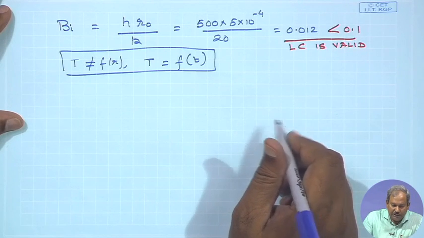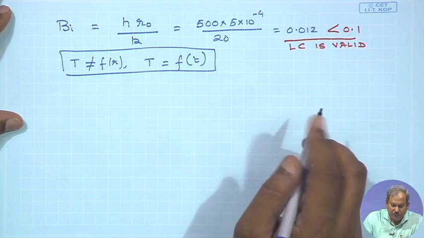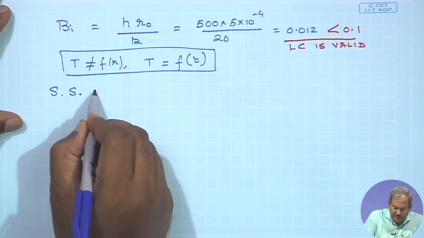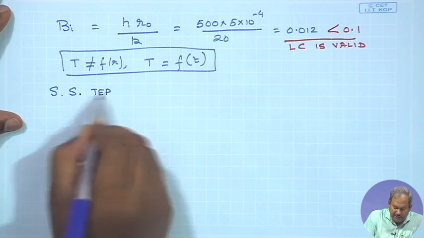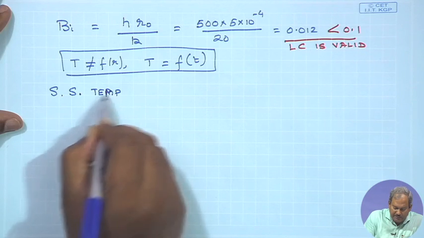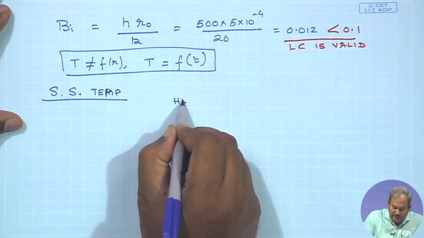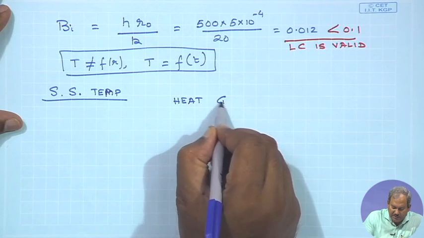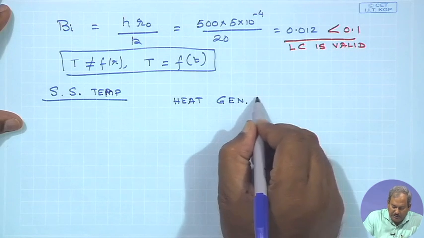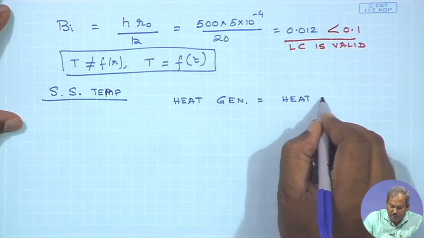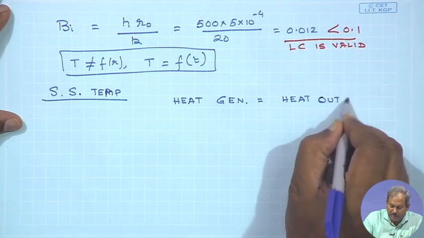Now, when we think about the steady state temperature, at the steady state, whatever heat is generated must be equal to the heat that goes out by convection.